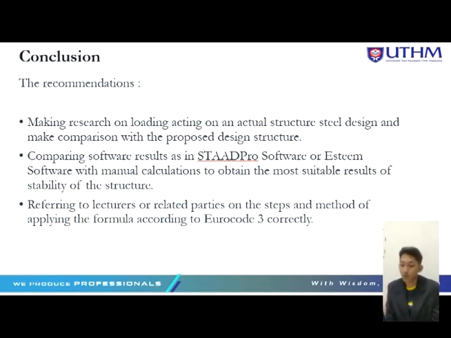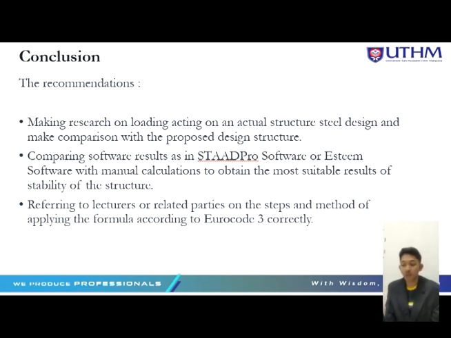In our recommendations, first, we make research on the loading acting on the actual structure design and make comparisons with the proper design structure. For the second one, we compare the software results from the STAAD Pro software or Esteem software with manual calculation to obtain the most stable result and stability of the structure.